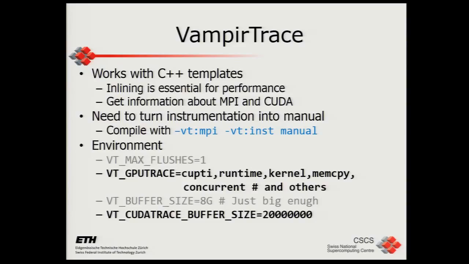So what do you have to do if you have heavily templated code? Well, you just have to tell VampirTrace to not do anything. Don't instrument. And this is the option that we have here, which is VT instrument manual on the compile line, in the VTCC compiler.